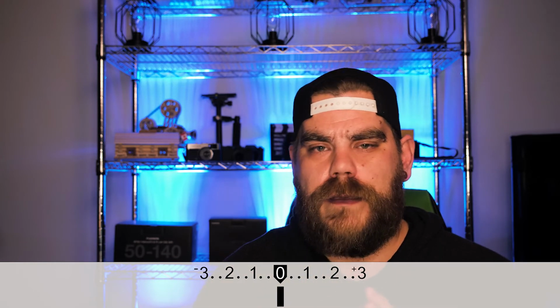You want to have that little ticker right in the middle. A little bit under or a little bit overexposed, it's okay. But your end game is trying to get that as close to the middle as possible for a correct photo exposure. Here's a little exercise that you guys can do.